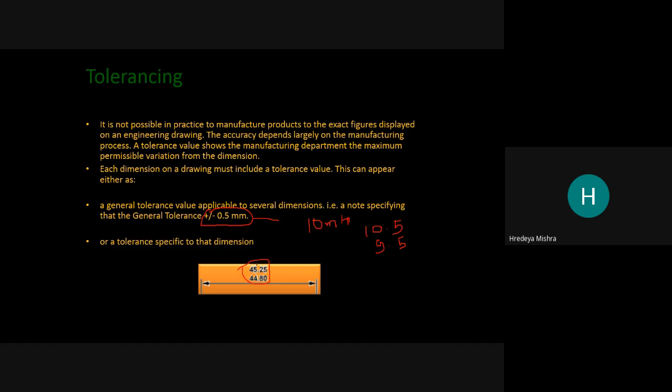For the 45 mm length, we can draw 45.25 and 44.80. Then what is the tolerance? Here the tolerance is plus 0.25 and minus 0.20.